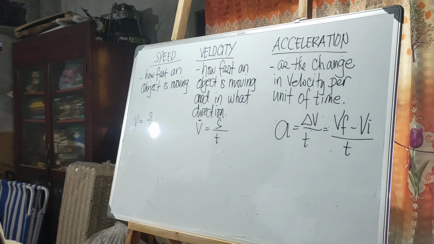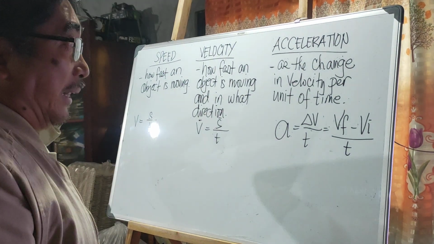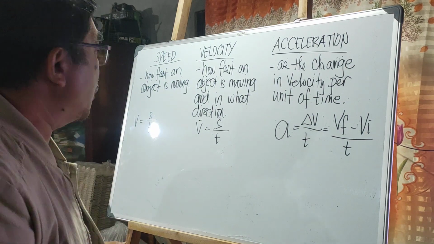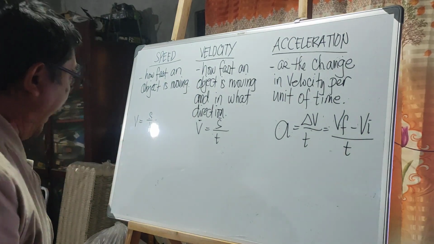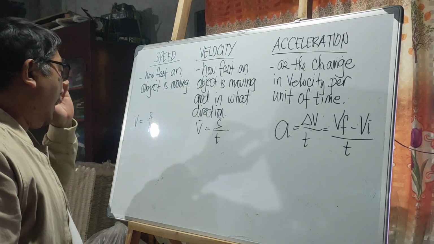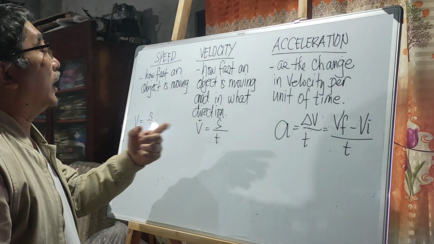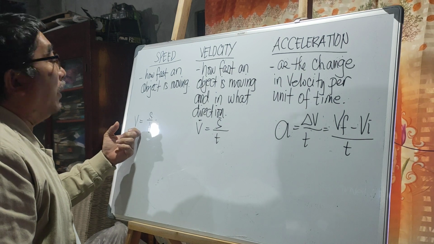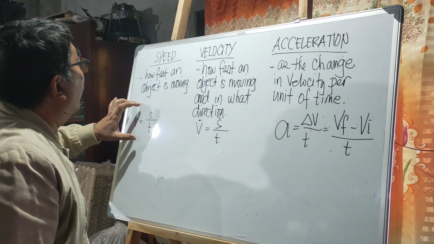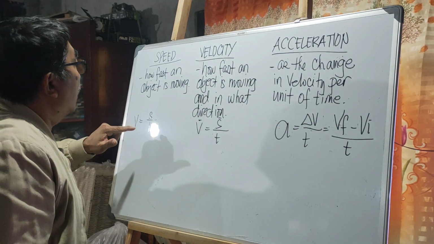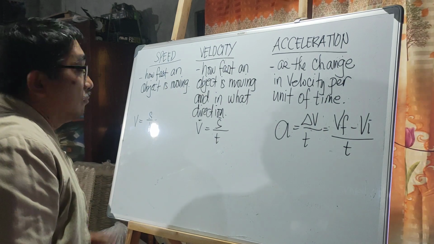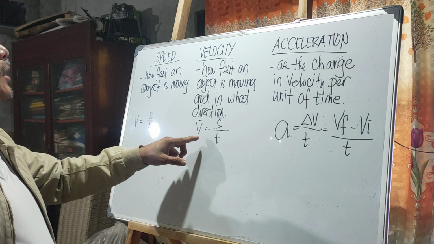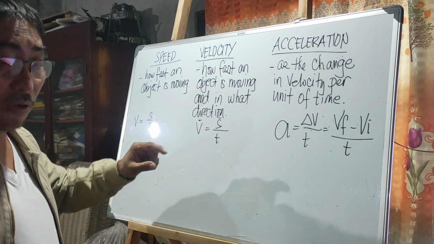Okay, so ito yung formula ng speed, velocity, and acceleration. Kung makikita natin, mayroong similarity yung formula ng speed at saka ng velocity. Ang speed may be given a formula of S over T, or distance traveled over time, while velocity is displacement over time.